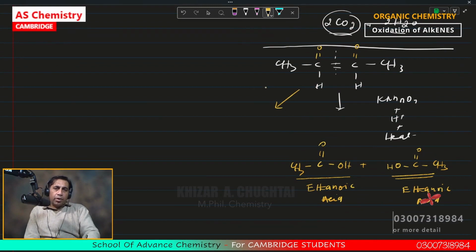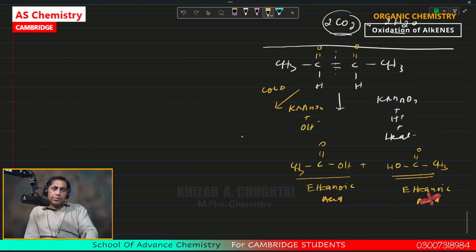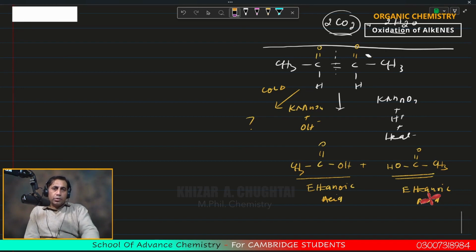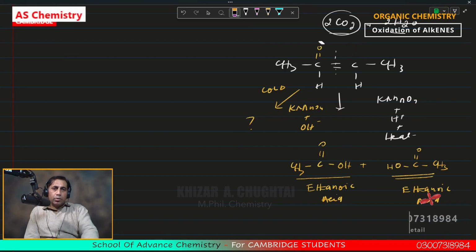Now I'm going to add cold KMnO4 plus OH negative ion, let's suppose. So what will be formed over here if I add cold KMnO4 into this compound? And again, I'm going to delete this double bond.